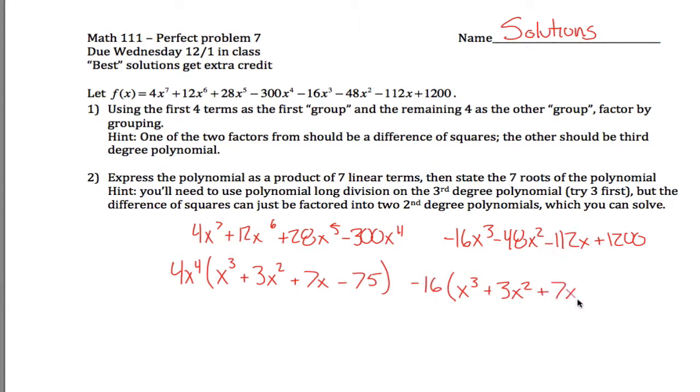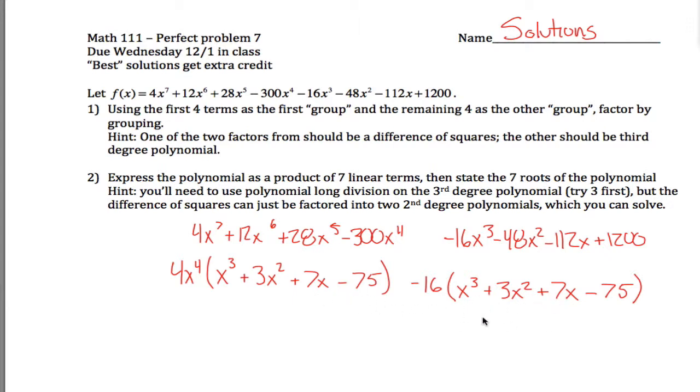So I get plus 7x here. And then finally, 1200 divided by negative 16 is going to be a negative number, and 1200 divided by 16 is 75. And now we can go back over here and check, make sure we got the same thing in the parentheses. It looks like we do. X to the 3rd, 3x squared, 7x minus 75.